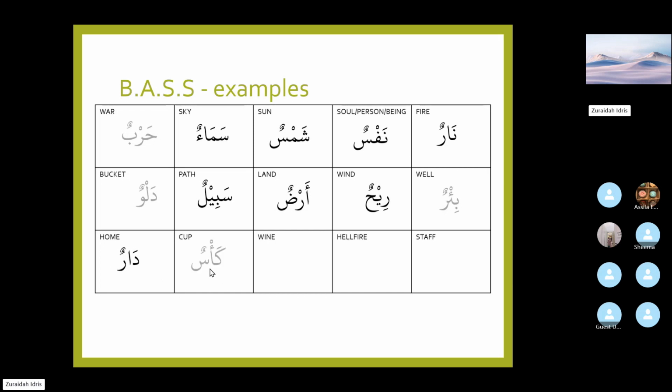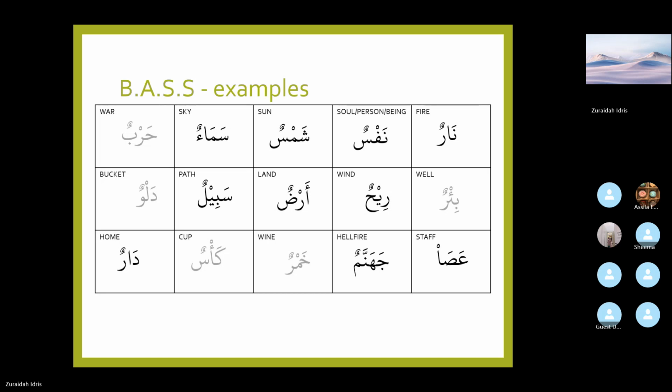This one is often. Ka'sun, hamrun, jahannam, and asa. I'm not talking about staff as in your workers. I'm talking about staff as the stick. All right. So that's how it is.